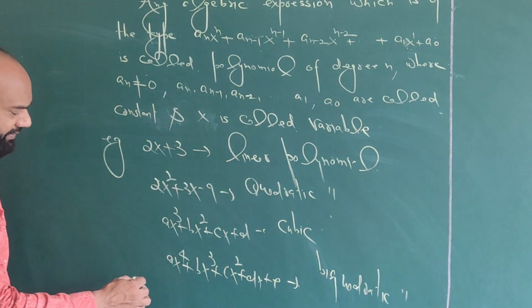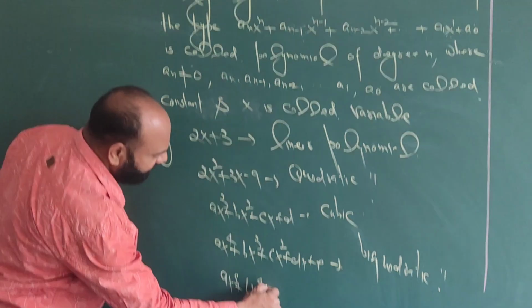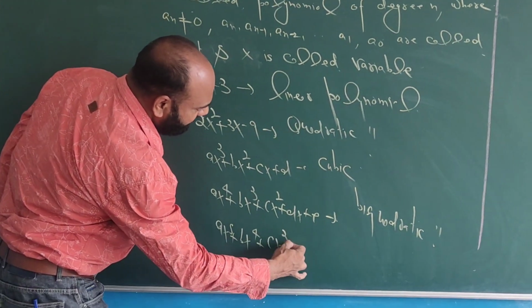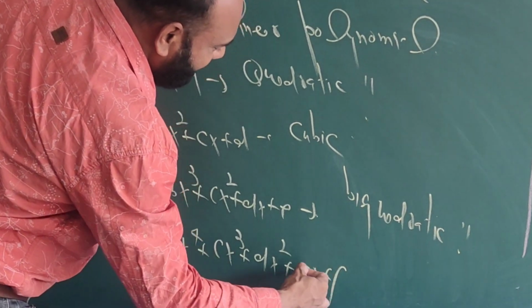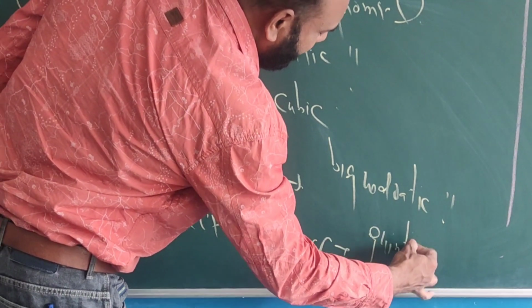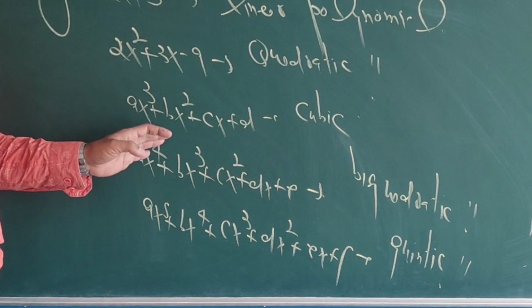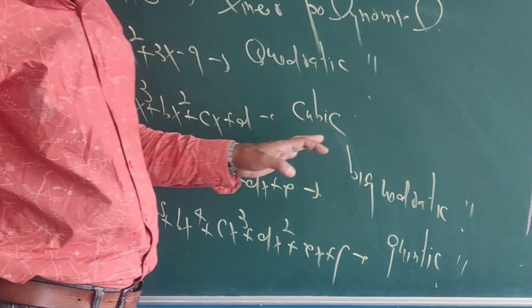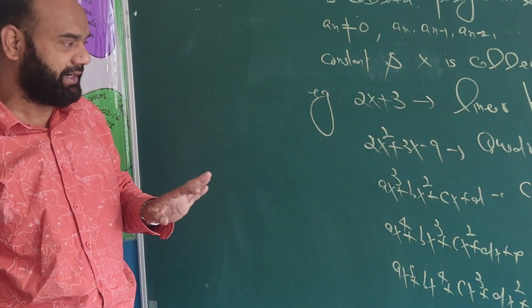And when highest power is 5, ax5 plus bx4 plus cx cube plus dx square plus ex plus f, then it is called quintic polynomial. And next, when highest power is 6, then it is called 6 degree polynomial. When 7, then 7 degree polynomial and so on.